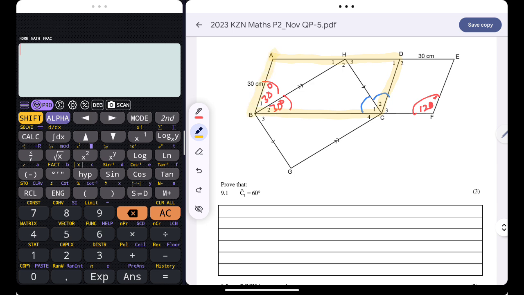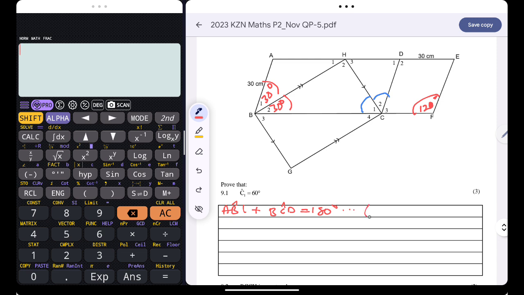So it simply means that we have co-interior angles in here. Angle ABC plus angle BCD add up to 180 degrees.